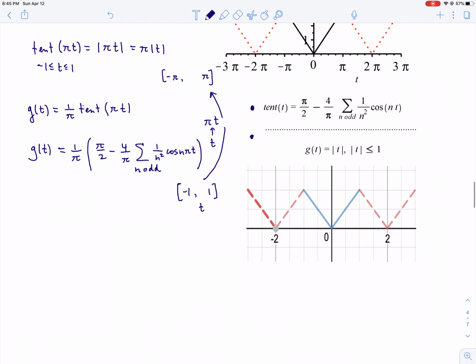So our Fourier series for g, and I can write equals because everything converges for this continuous piecewise C1 guy, is 1/2, that's 1 over pi times pi over 2, minus 4 over pi squared, the sum over n odd of 1 over n squared cosine n pi t.